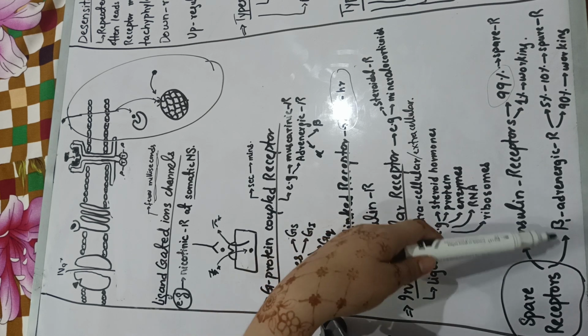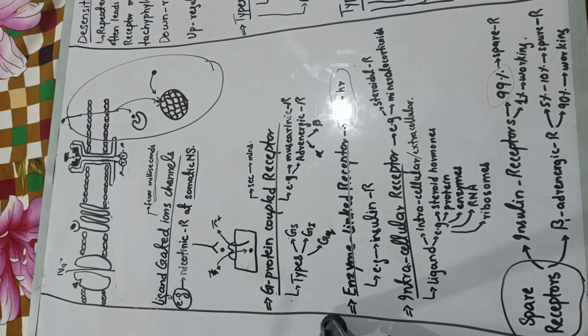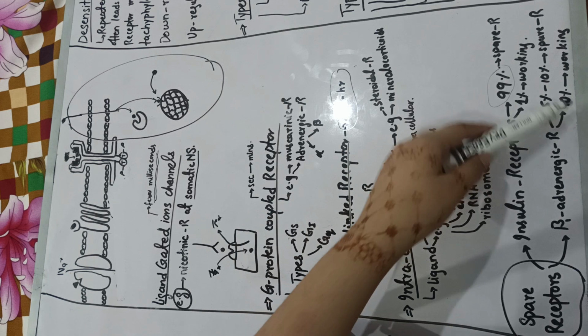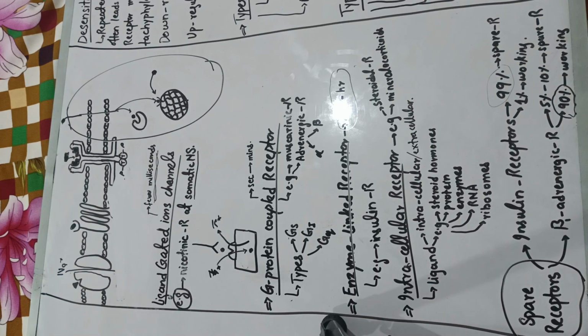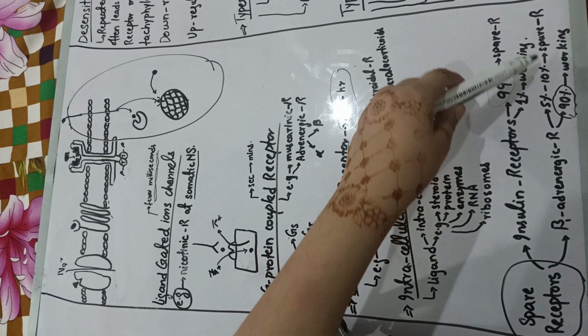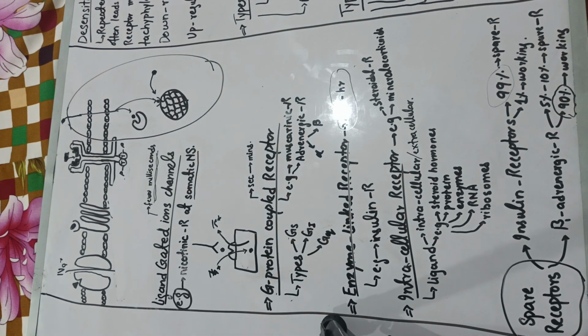But in the case of beta 1 adrenergic receptors, which are present on the heart, for their working about 90% of all the receptors have to be attached and working. Only 5 to 10% of the receptors are spare, which don't have to work hard. So this was the terminology and the concept of spare receptors.